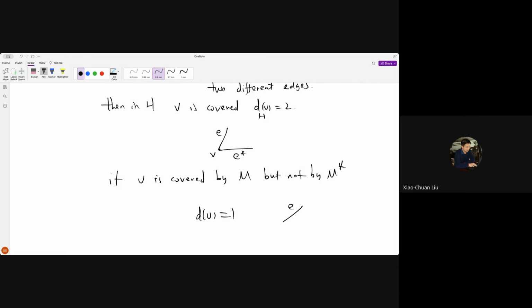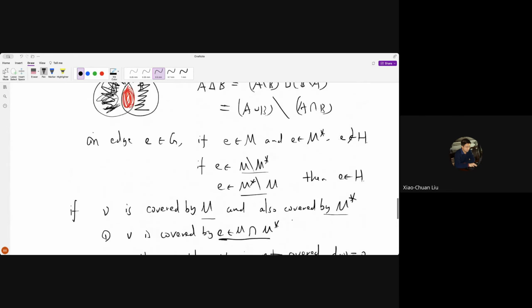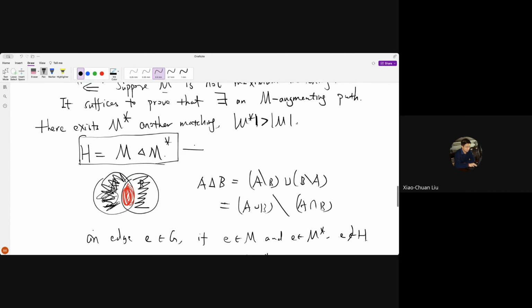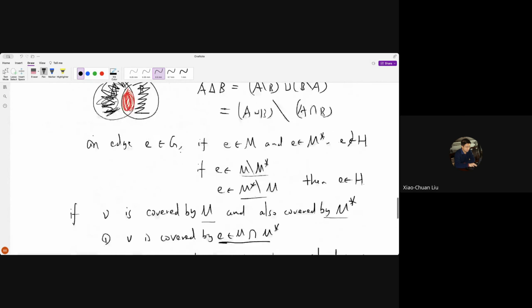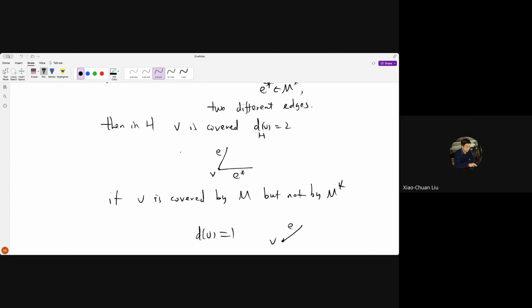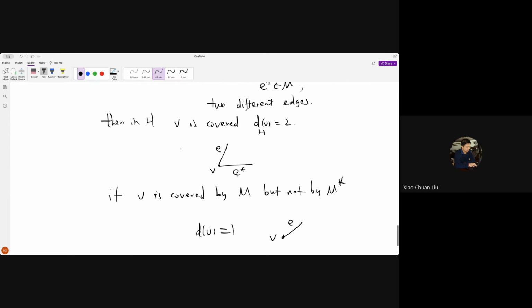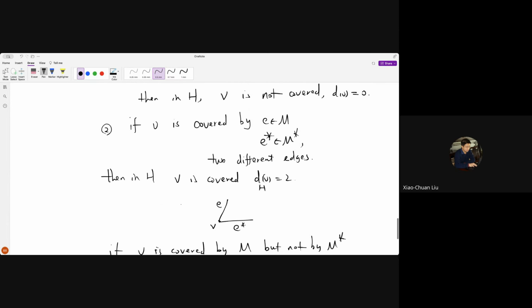So you have this E. It's a little abstract, but if you think about this definition, you get this. You just consider the symmetric difference of all the edges of M and M star, and you get this. Look at all the situations, you see that the degree of V is 2 or 1.